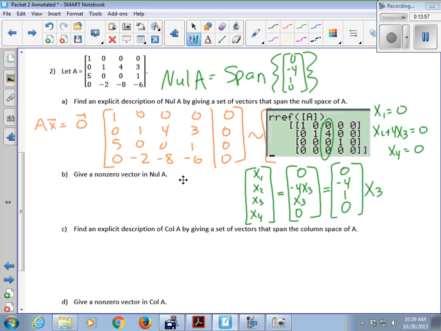Then you would have 2 vectors that you're taking the span of. So a non-zero vector for null A would be 0, negative 8, 2, 0. Pick anything you want for x3. I chose 2. So we get 0, negative 8, 2, 0, a non-zero vector in the null of A. You could do pi, you could do any multiple of that vector.